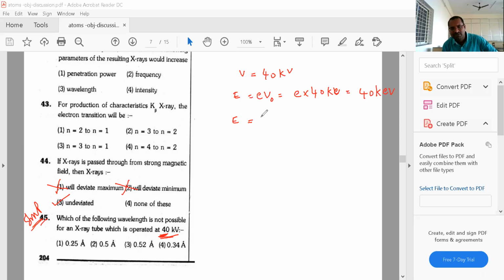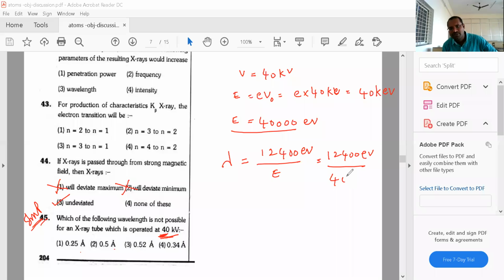Means energy is 40,000 electron volt. You know lambda is equal to 12,400 electron volt angstrom upon energy, since options are all in angstrom. So 12,400 upon 40,000. Electron volt cancels. Two zeros cancel. 124 by 400.